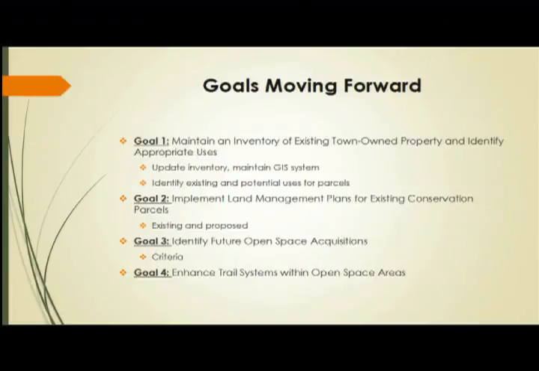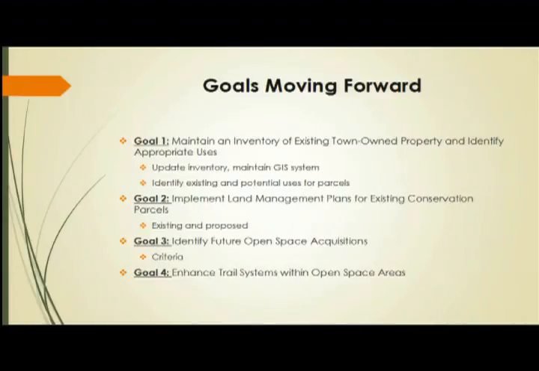Goal 3 is identify future open space acquisitions. This is a key area, something that the Real Estate and Open Space Committee is highly involved in. They have a criteria, the Real Estate and Open Space rating sheet.